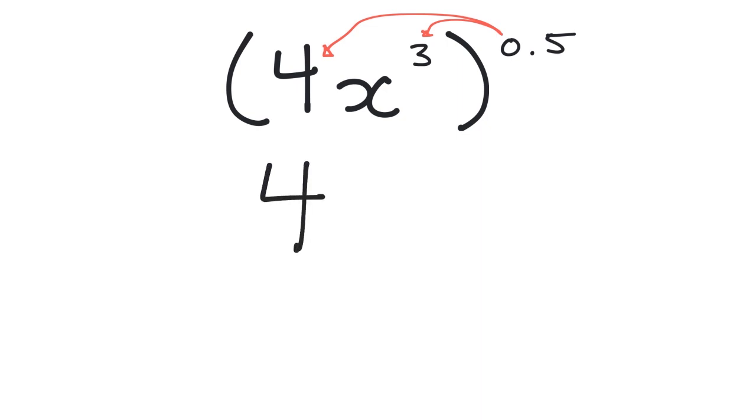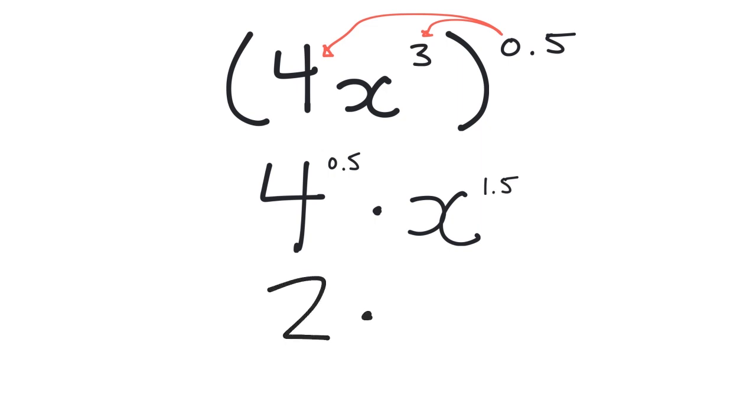And what we get is 4 to the power of 0.5 times x to the power of 1.5. Remember, using exponent laws, when we have that bracket, we're multiplying that 0.5 with that 3. And that's how we get that 1.5.